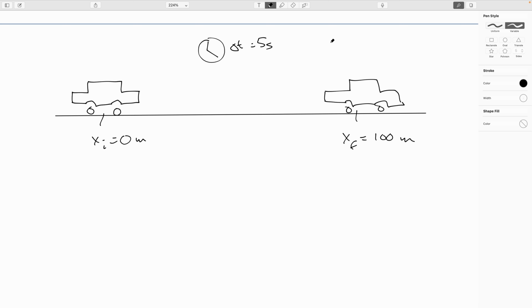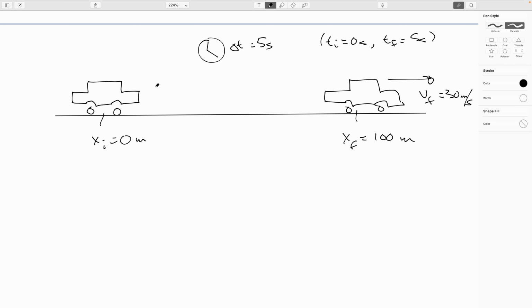Since that's an elapsed time, if I want, I can set t initial to 0 seconds, making t final 5 seconds, but I'm not too worried about that here. Go ahead and say that the final velocity is 30 meters per second.